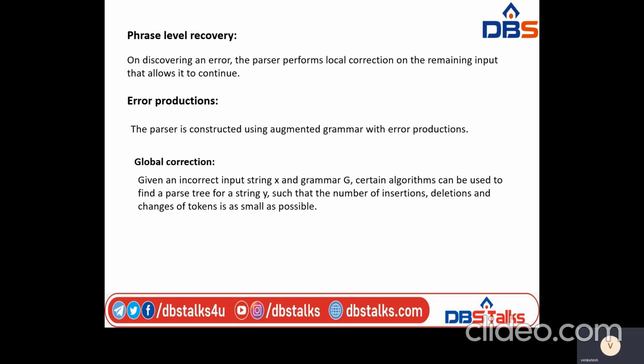We must be careful to choose replacements that do not lead to infinite loops. The major drawback is that it is very difficult to handle situations in which the actual error has occurred before the point of detection.